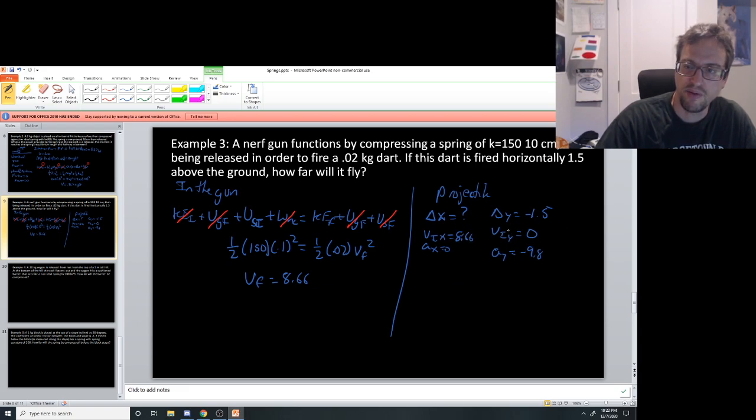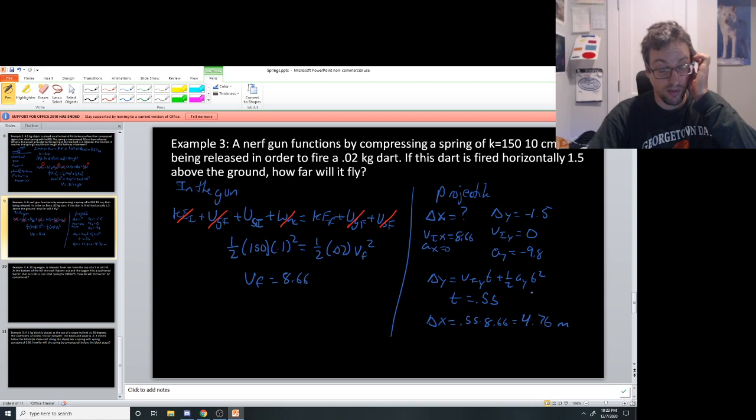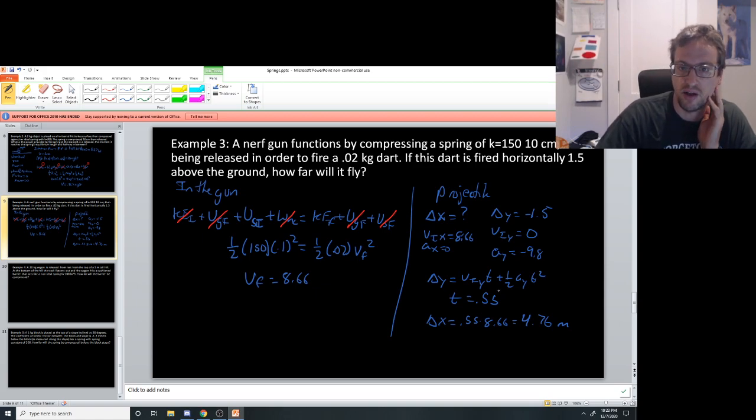We can find time using the y values. Change in y equals v initial y times time plus 1/2 a_y times time squared. You do this, you get time equal to 0.55. And then change in x is just 0.55 times 8.66, and that is 4.76 meters. Okay, that's probably the simplest example we'll do in this video, but it's just 2 parts.